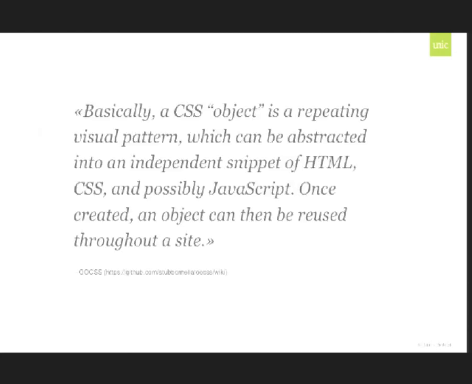So basically you create CSS objects, or like in this famous object-oriented CSS approach, where a CSS object is defined as some HTML, CSS, possibly even JavaScript. And the important thing is you can reuse this element. So it's not tied to a specific location in your layout. It's a teaser, and it doesn't matter where it's used.